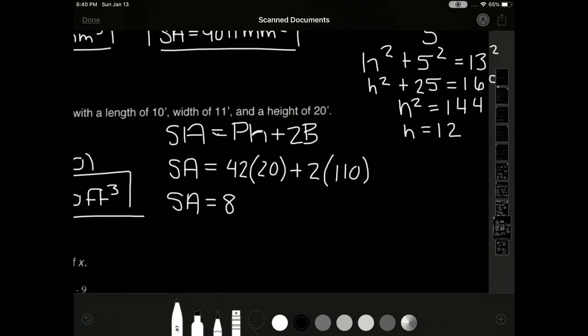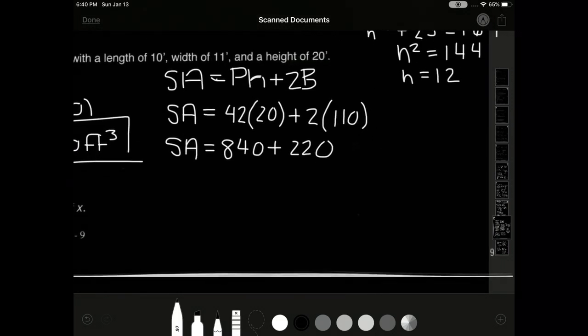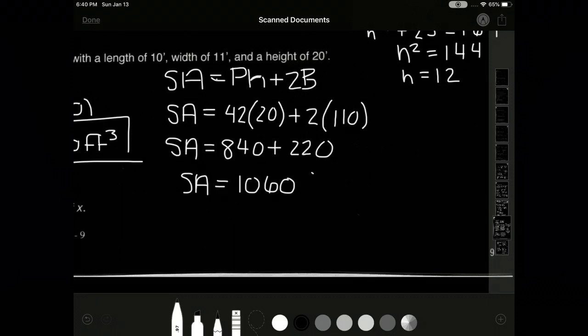So we get 840 plus 220, so we get 1,060 feet squared.